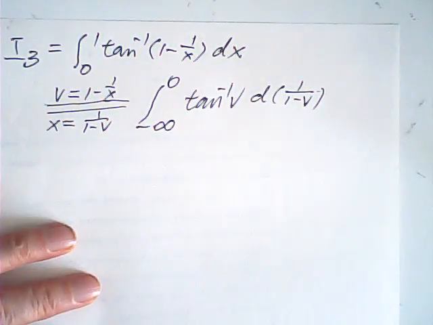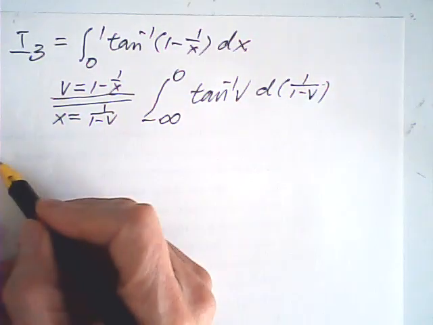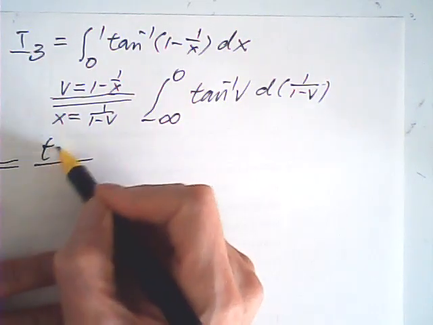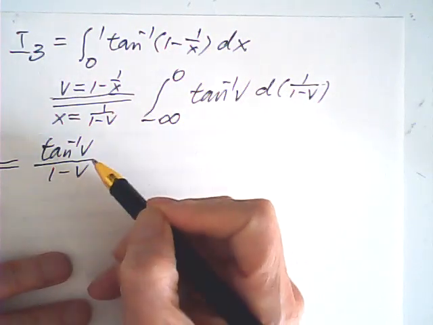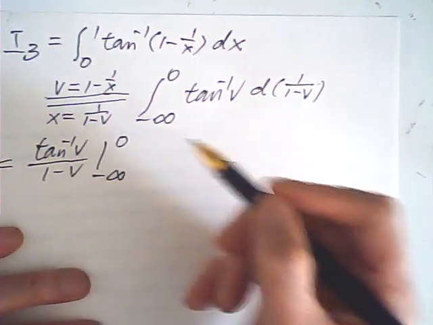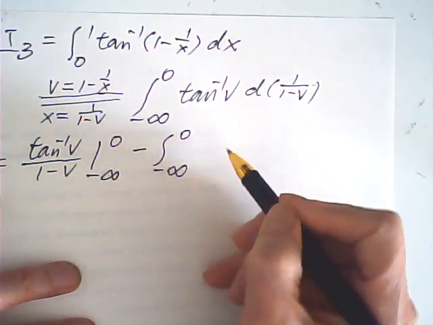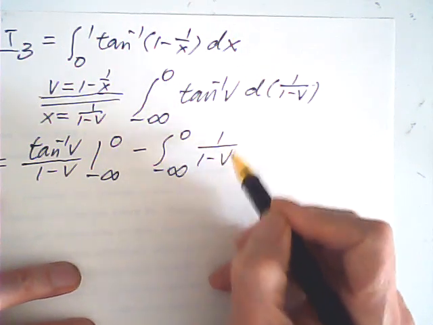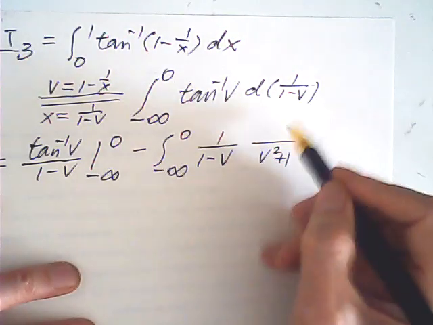The x is this. Now I can use it by parts. This is u, this is dv. So this one is equal to u times v from minus infinity to 0, minus the integral of v du, where v is this, and u is the derivative of this one, right?